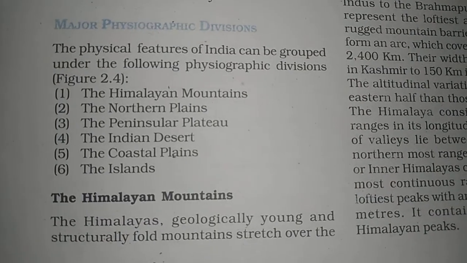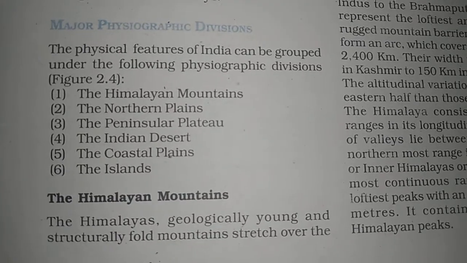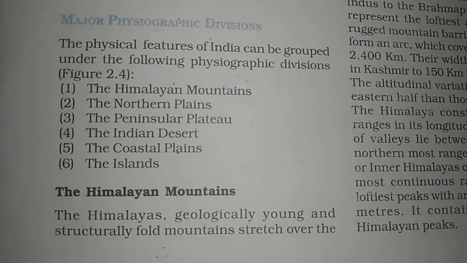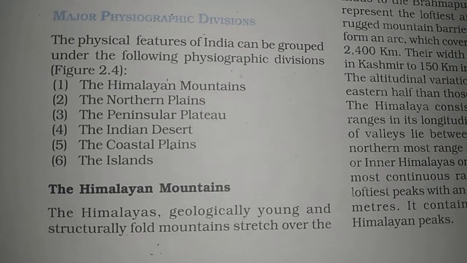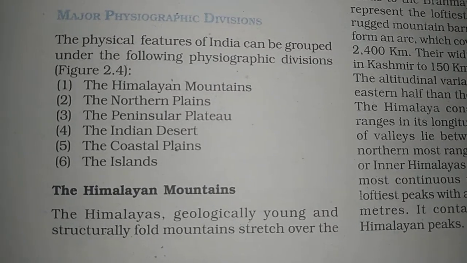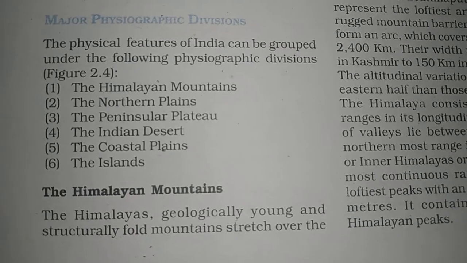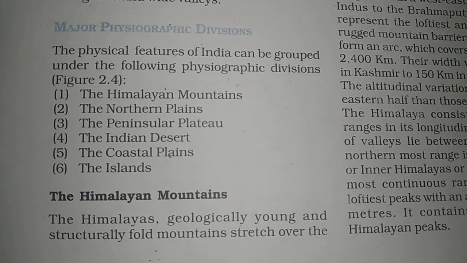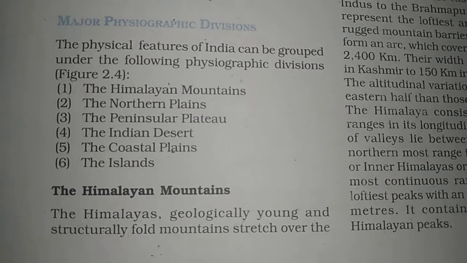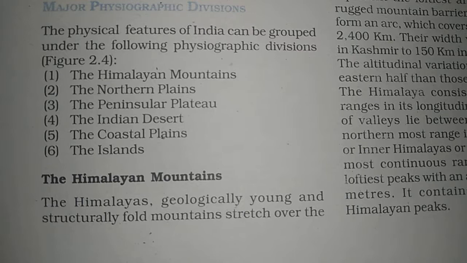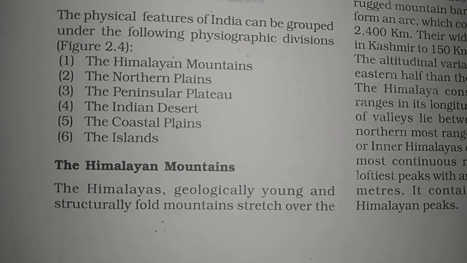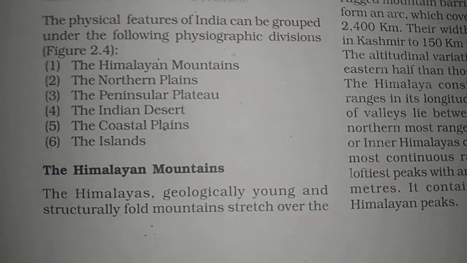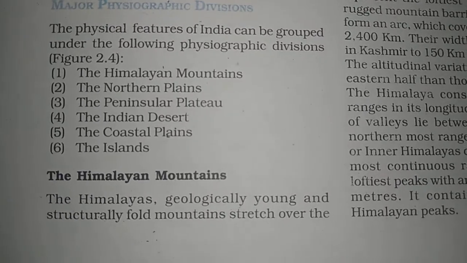So, according to the different variety of land mass, India is divided into a number of features, and these are the physiographic divisions: the Himalayan mountains, the northern plains, the peninsular plateau, the Indian deserts, the coastal plains, the islands.